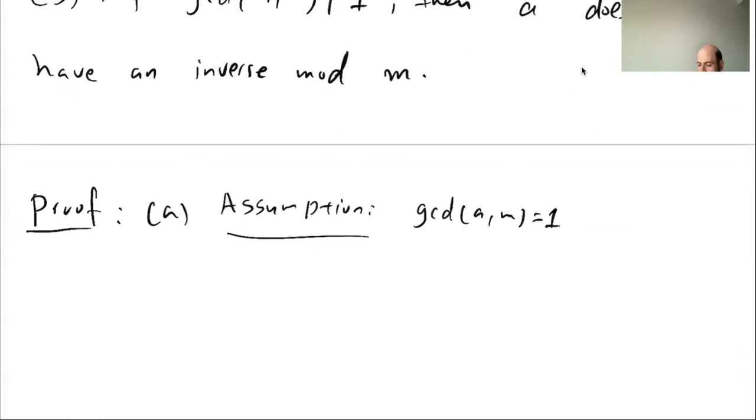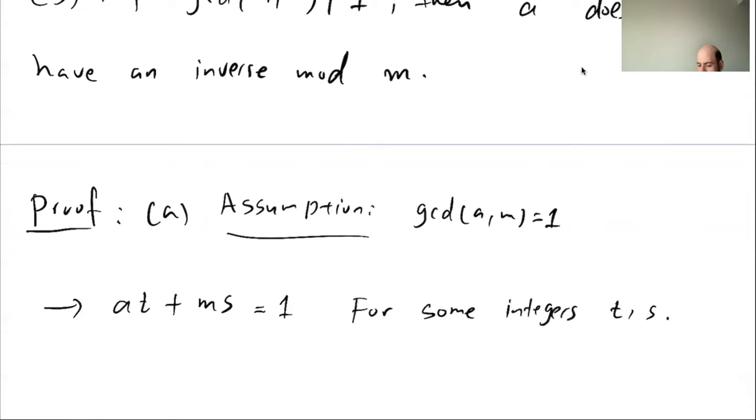Right now I have A and M with GCD 1, so that means AT plus MS equals 1 for some integers T and S.